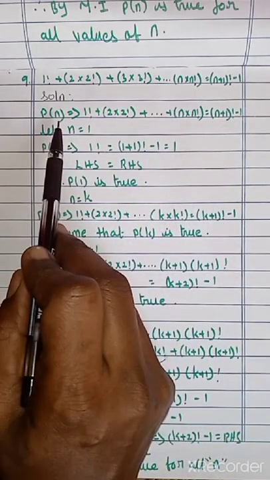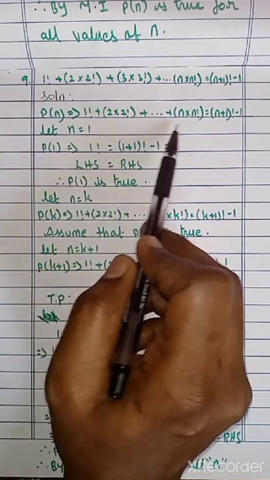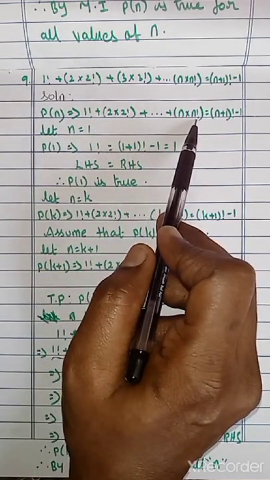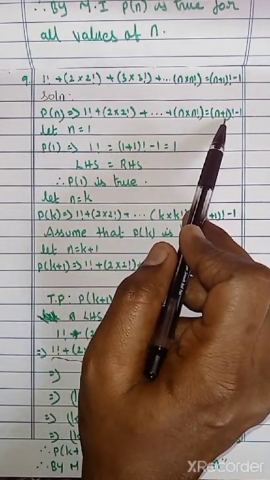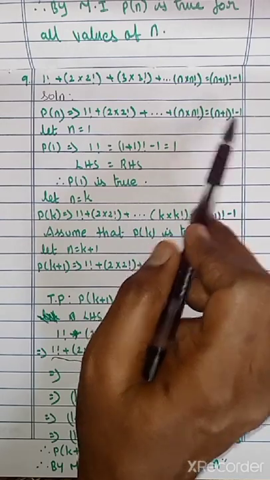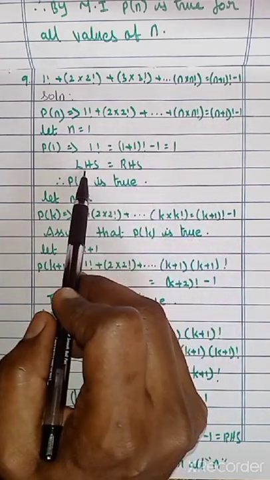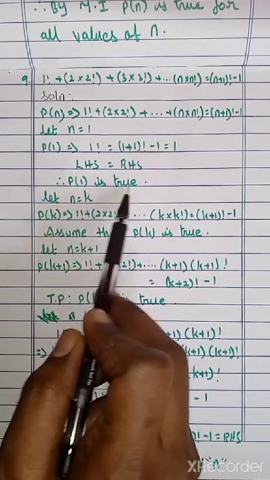Next, let n equal 1. So instead of n, we take 1. If you substitute 1 here, 1 into 1 is 1 factorial. Correct? Now, right hand side, 1 plus 1 is 2, 2 factorial minus 1. 2 factorial is 2, 2 minus 1 is 1. So here, left hand side equals right hand side. Therefore, P of 1 is true.